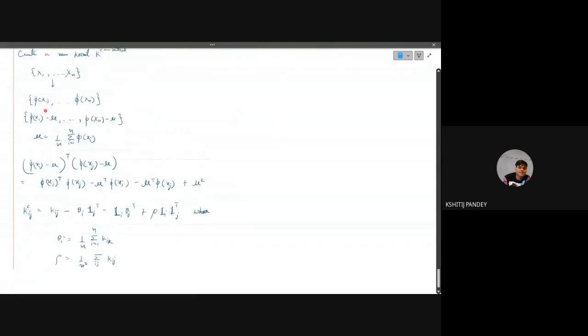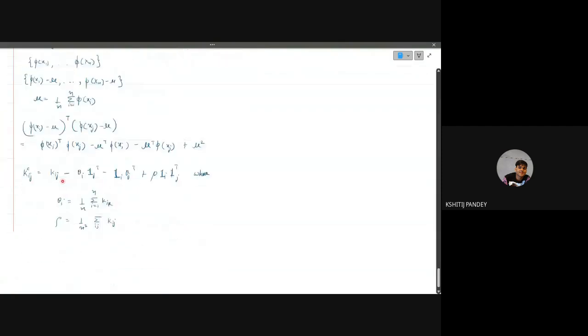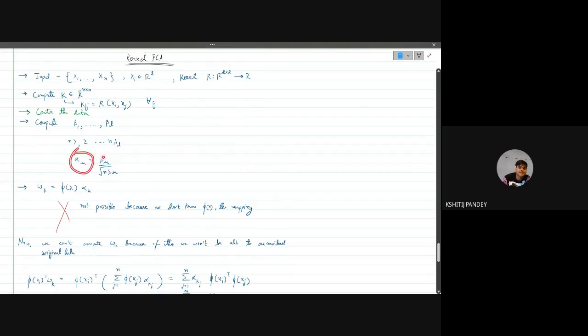After finding alpha, which is the weight, we can find W's, but we must know the mapping. But this defeats the whole purpose.